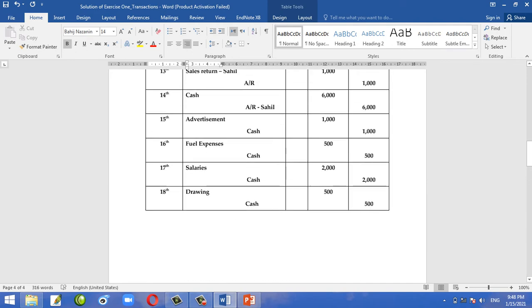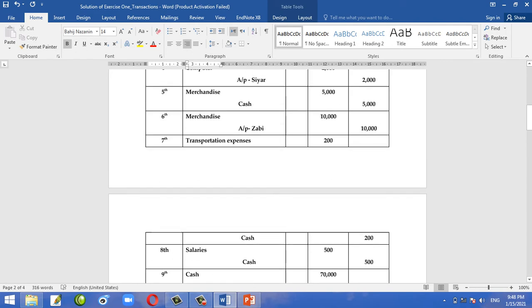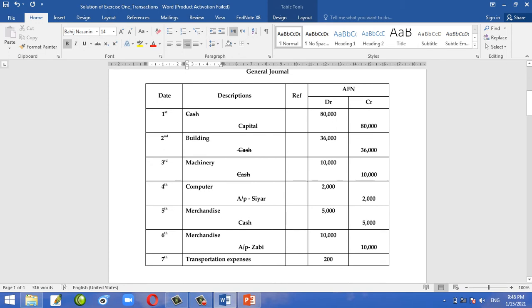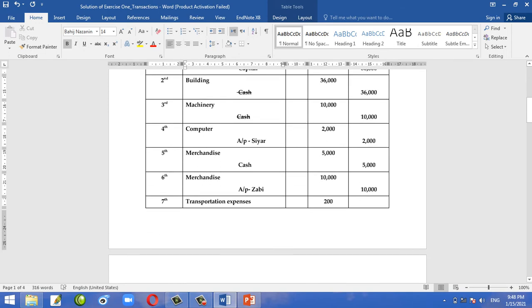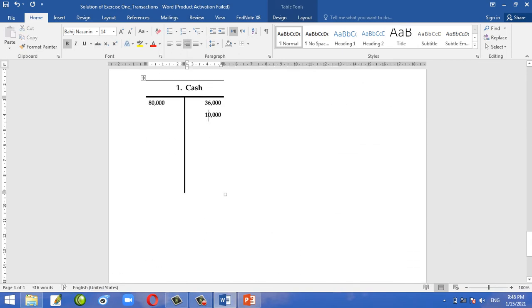So now come to the up. The first one, do you have cash? No. In fifth one, do you have cash? Yes, we have. We have cash as credit. How much? 5,000 Afghanis as credit.